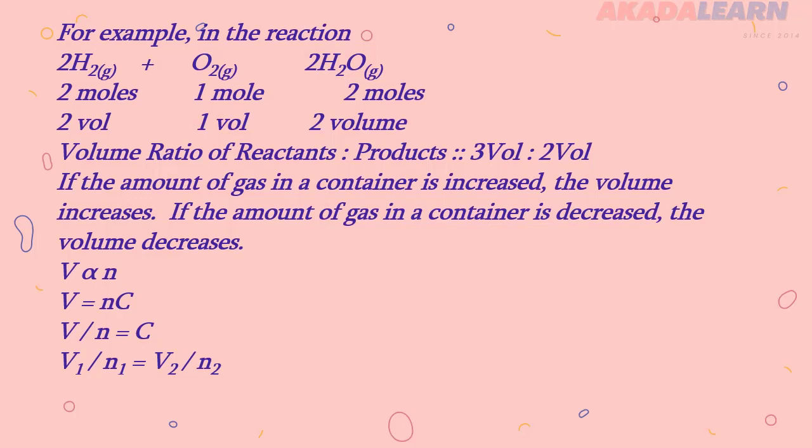That is, volume is directly proportional to amount N. And as before, you can always put a constant and change the proportionality sign to an equality sign. That's what you see on your slide there, V is proportional to N, and that will mean V divided by N is equal to C, the constant, and that also means V1 over N1 is equal to V2 over N2.